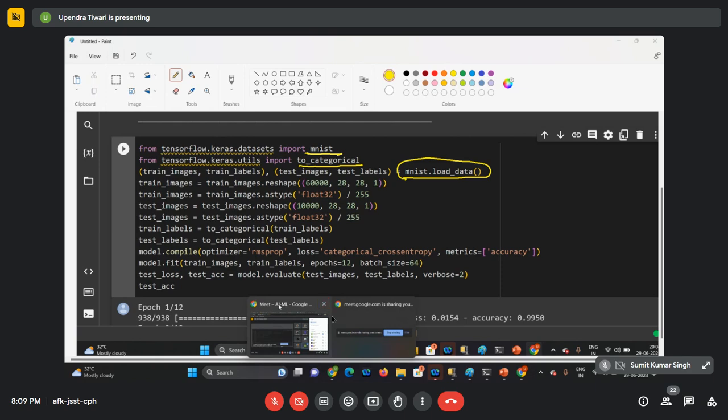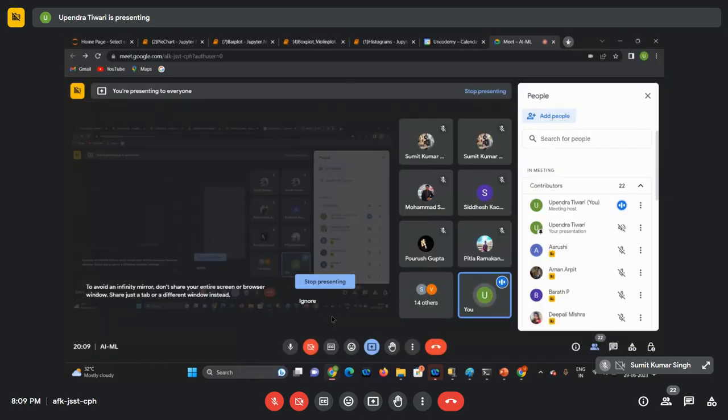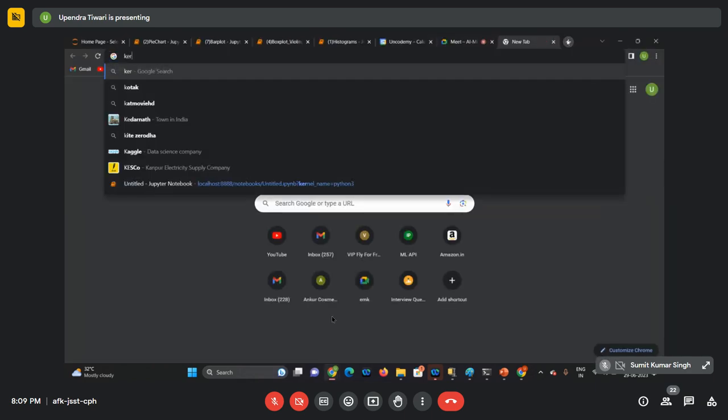If you want to check it out, you can check the Keras datasets.